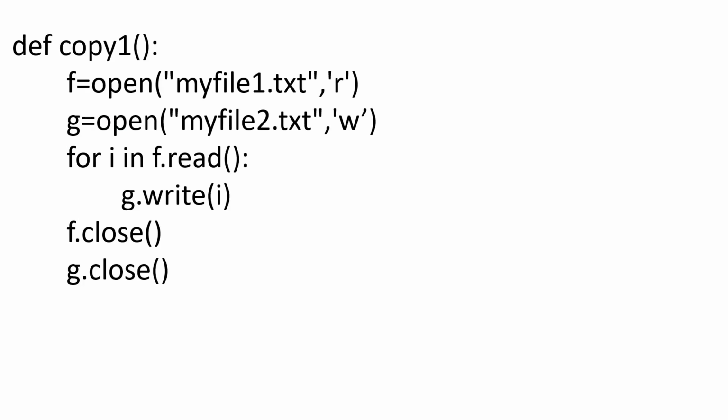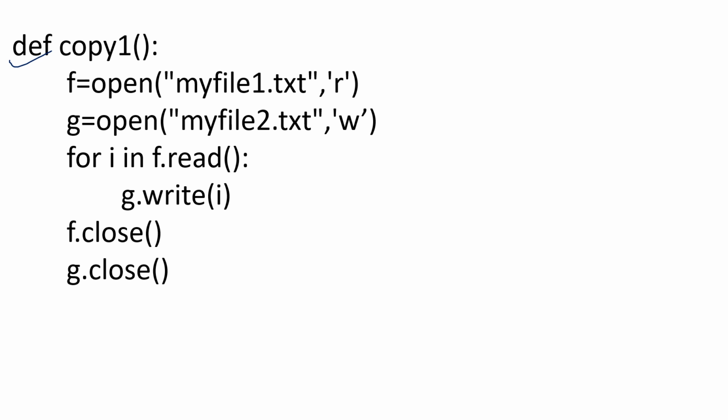So we are going to start the definition of copy1. So this is the function header, def copy1. Then after this, as I told you, in copy we need two files. The first file from which we want to copy the data, the second file in which we want to copy the data.